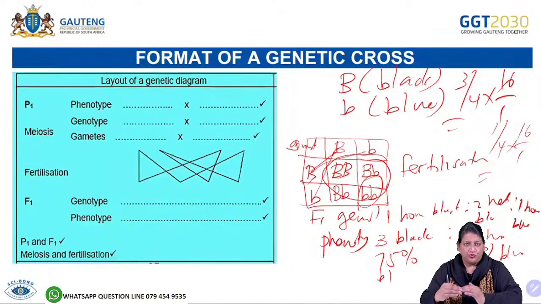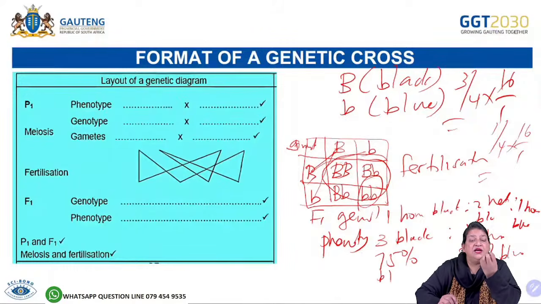After gametes, you put your Punnett square or your genetic cross, you write fertilization on the side, and then you describe the zygotes in the Punnett square. Genotypically, how are they, in terms of dominant and recessive, heterozygous and homozygous. Then phenotypically, you look at the dominant ones and say how many in the phenotype of physical appearance, how many there will be in percentage, and that works out your ratios.